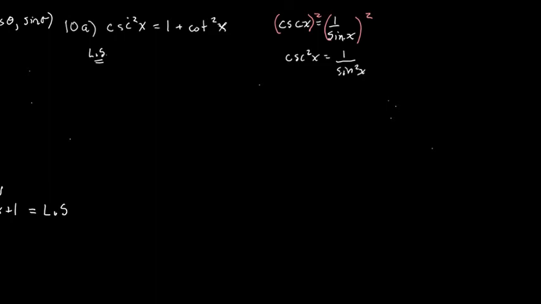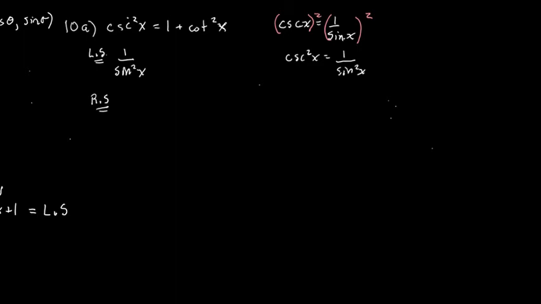So the reciprocal identities also work when they are squared. Okay, so on the left-hand side then, we actually have cosecant squared x, so that is the same as 1 over sine squared x. And now that it's in terms of sine, I'm happy. I can now work with the right-hand side.